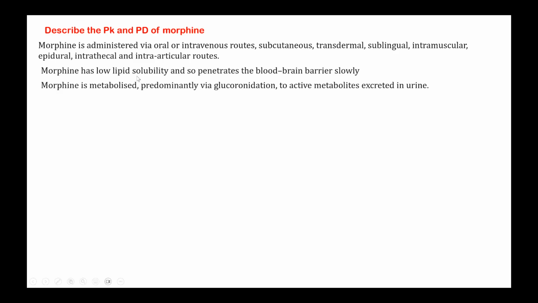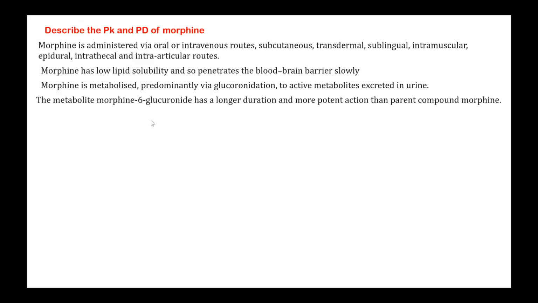Okay, and it is metabolized by the liver by glucuronidation, and the active metabolite is excreted in the urine. And this metabolite, morphine 6 glucuronide, is it active or inactive? Active. Equally active. So the metabolite morphine 6 glucuronide has a longer duration and is more potent than the parent compound.